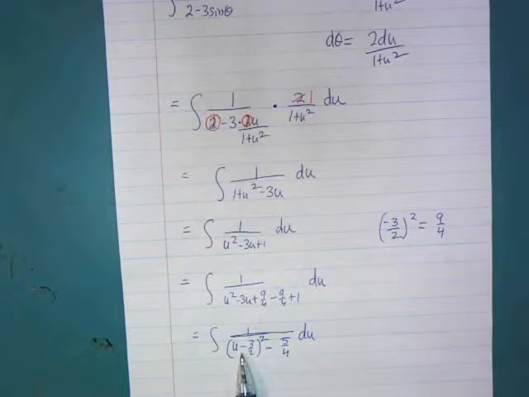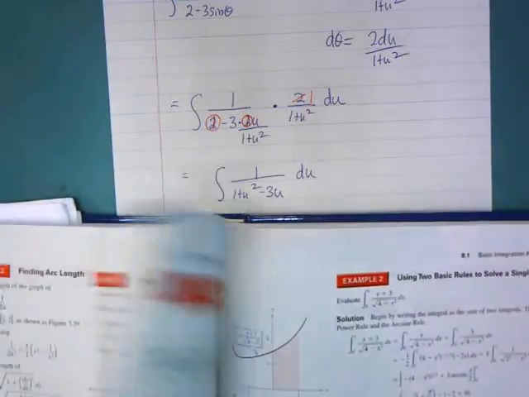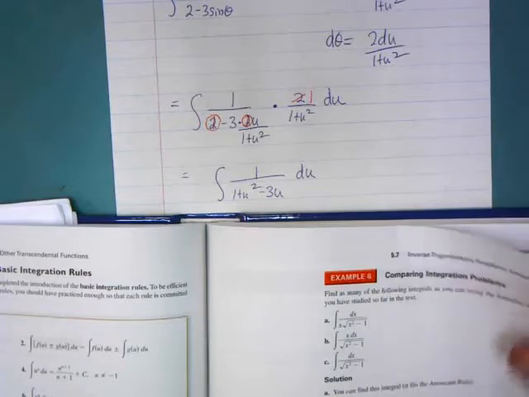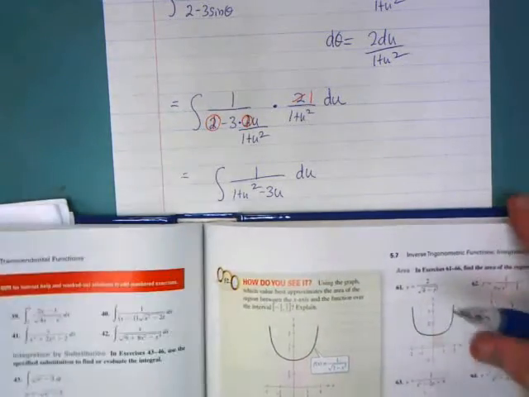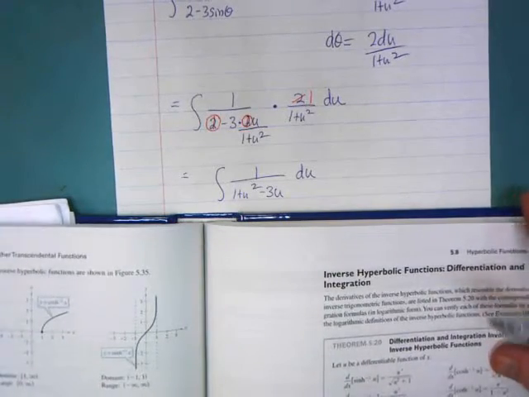I think u squared plus a squared is inverse tangent. I think it's one of the hyperbolic ones. I was hoping it wasn't one of those. No, I was like, please, just let it be. So we could find one of those numbers. I suppose it's possible.